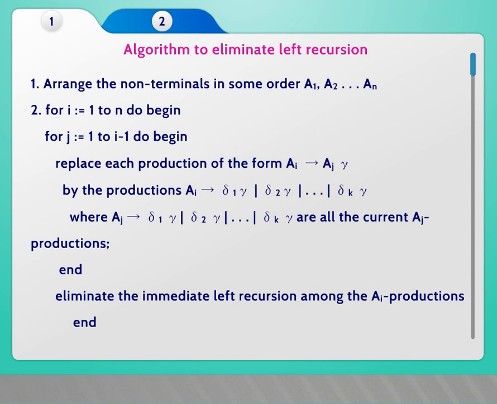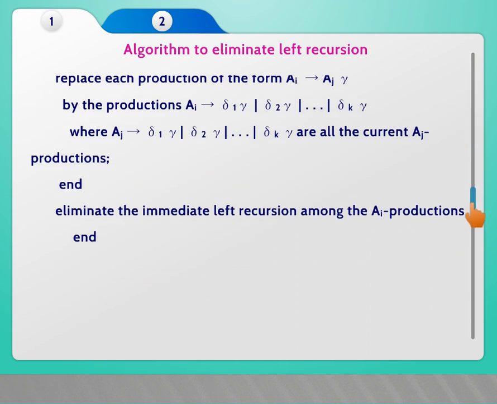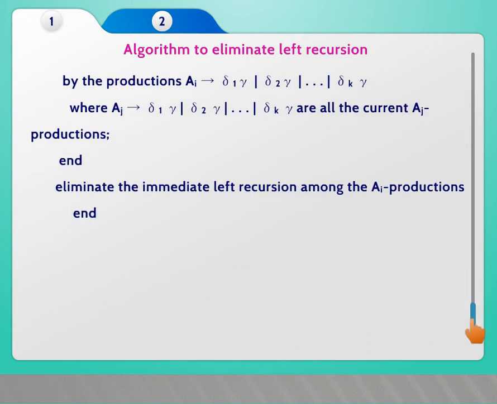Replace each production of the form Ai provides Aj gamma by the productions Ai provides delta 1 gamma, delta 2 gamma up to delta k gamma, where Aj provides delta 1, delta 2 up to delta k are all the current Aj productions. And eliminate the immediate left recursion among the Ai productions. End.